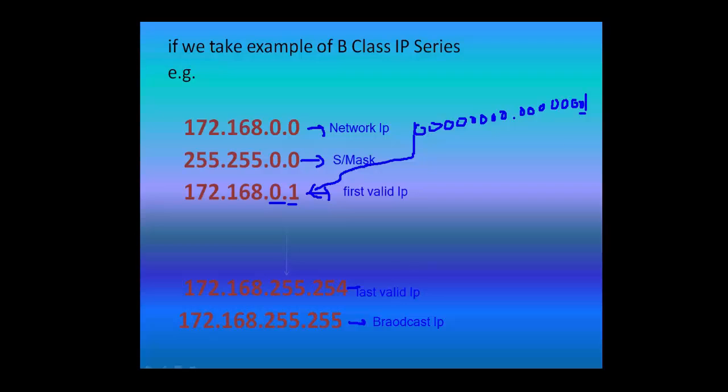Here a single bit is off. If a single bit is off, that is also a valid IP. A single bit is on, that is valid also. But when all host bits are off, that is the network ID, and when all bits are on, that is the broadcast IP.